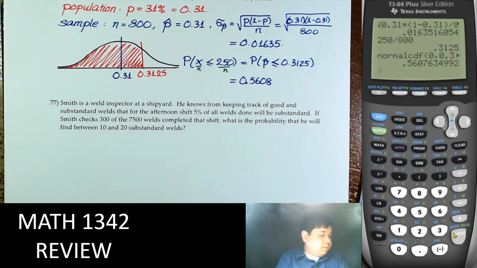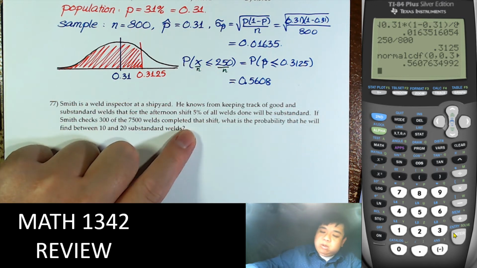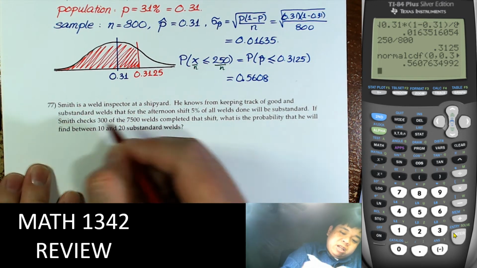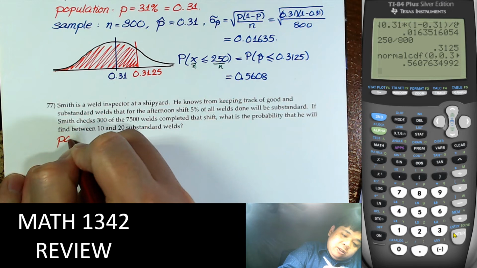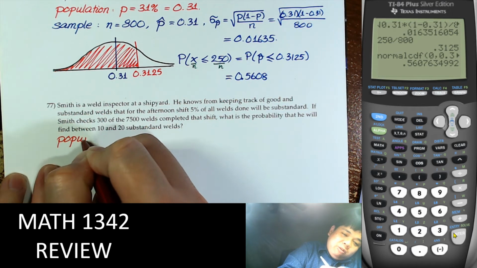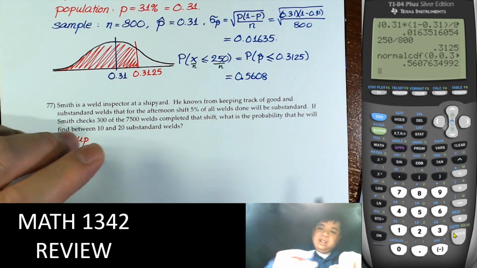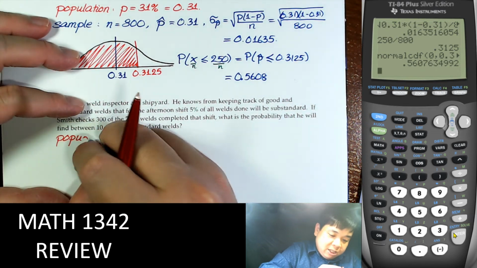Next, Smith is a well inspector at the shipyard. To keep track of good and substandard wells, he knows that 5% of all wells done will be substandard. So for the population, the proportion is 5%.